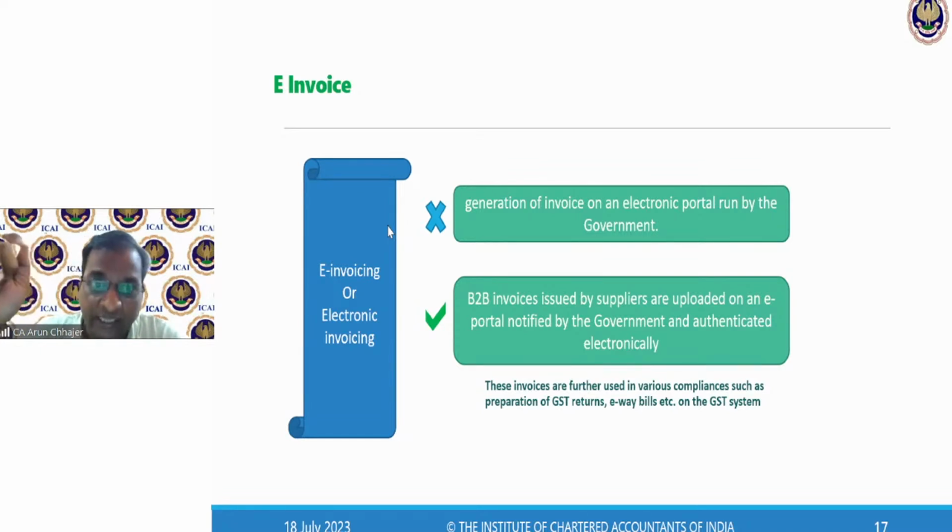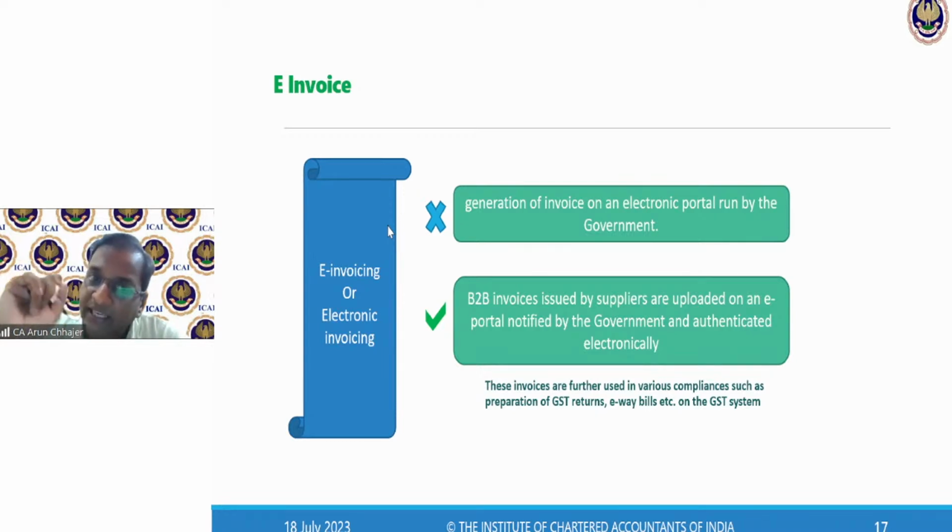Let's say you are using Tally, or any SAP, Oracle, any accounting software which you are using, you have to make the invoice according to that system. After making the invoice, you will upload the details on the government portal, which is also called IRP, Invoice Registration Portal.